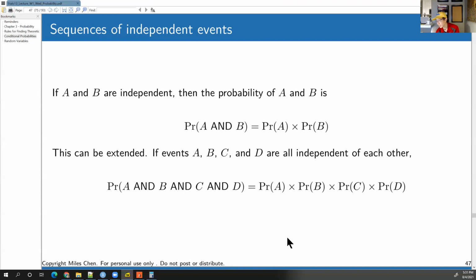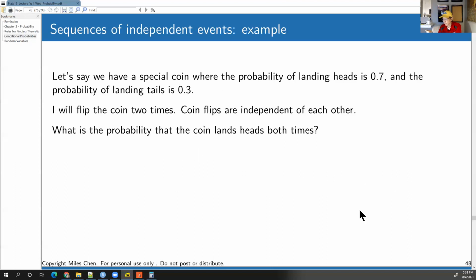We have event A and event B, and if they're independent, then the probability of A and B is just going to equal the probability of A times the probability of B. And this can be extended: if you have events A, B, C, and D, and they're all independent of each other, then the probability of A and B and C and D is just the product of the probability of A times the probability of B times the probability of C times the probability of D, and so on. However many events you have, you just take the product, but they all have to be independent of each other.